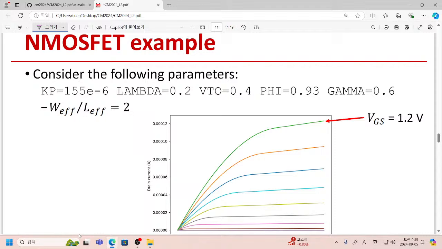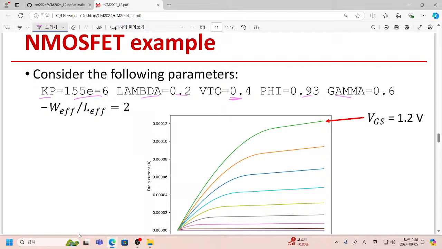For example, things look like this. KP is given by this number, lambda, and the threshold voltage in the zero case is given as this one, and all other parameters have their own meaning, so you can find them in our previous slides.